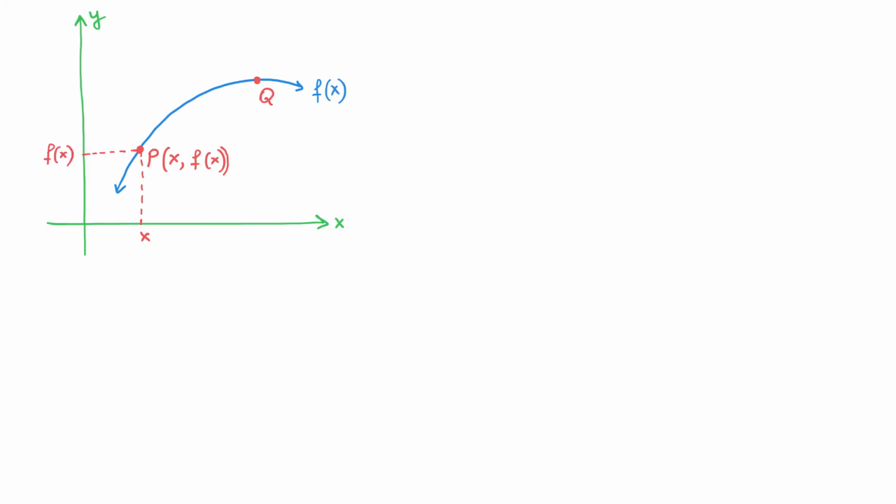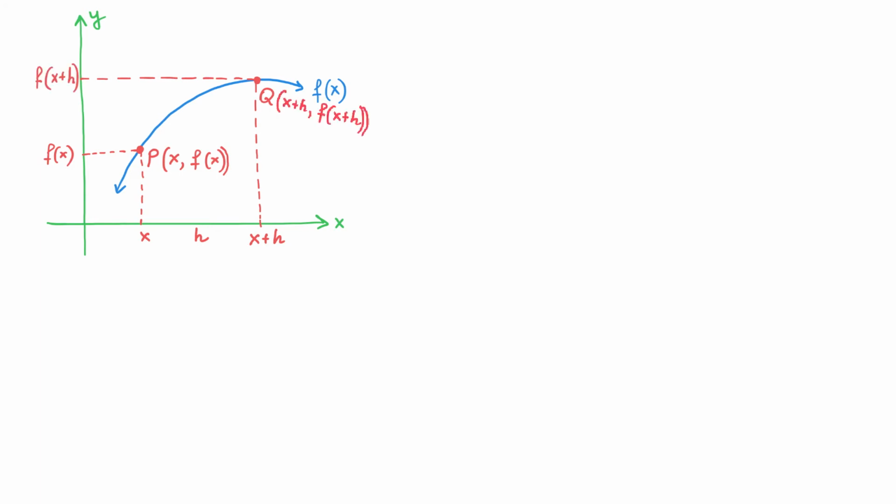We will do the same with the point Q. We will draw a perpendicular to the x-axis and the other one to the y-axis. The x-coordinate of point Q is at a certain distance h from the point x. Then x plus h will make the x-coordinate x plus h. Then the y-coordinate will be f of x plus h.